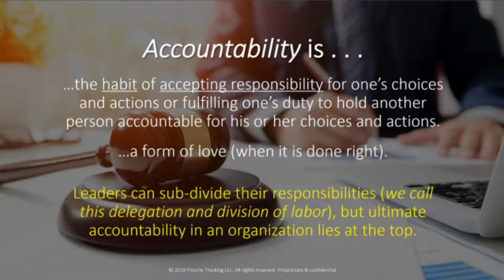We call this delegation, division of labor, etc. But ultimate accountability in any organization lies at the top. And that's the small distinction that I would draw between responsibility and accountability. They're tightly linked, but for those of you wondering about the distinction, remember accountability is at the top, but when we subdivide those responsibilities, leaders are holding you accountable as kind of a proxy for ultimate accountability.